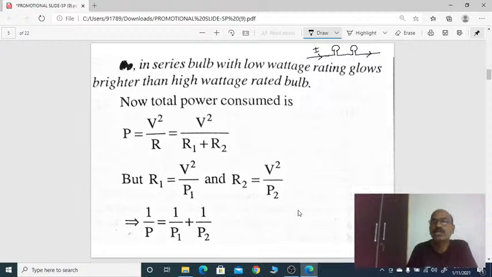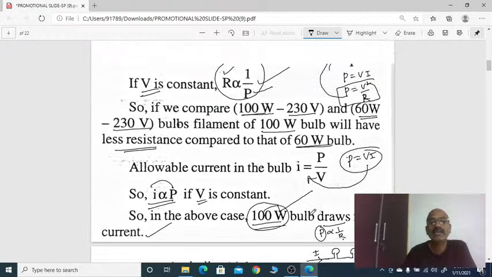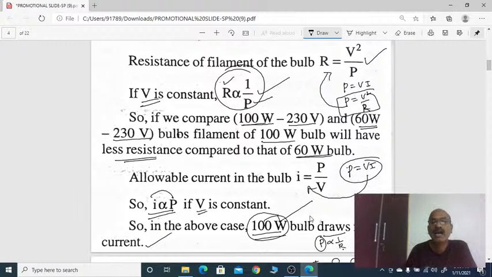If the two bulbs are connected in series, the same current flows through. That is given: in series, the bulb with the low wattage rating glows brighter than the higher wattage bulb. Keep in mind, the low wattage bulb will glow brighter. Just now we discussed, see here, 100 watt, 230 volt bulb and 60 watt bulb.